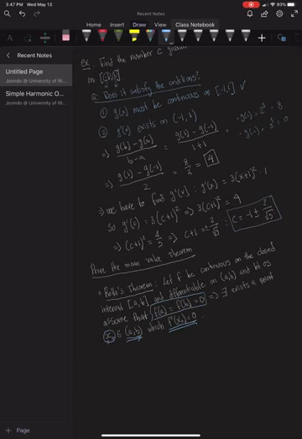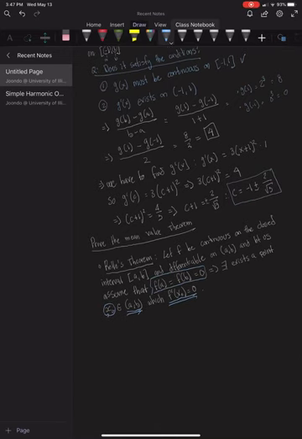So we can prove this. Okay, how do we prove this? So if f of x equals 0 for all x in A and B, right?